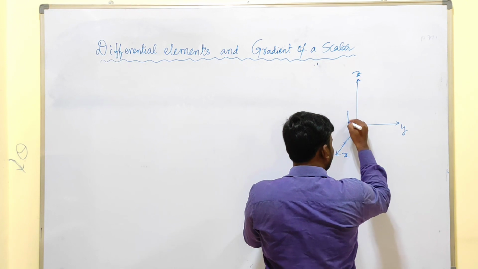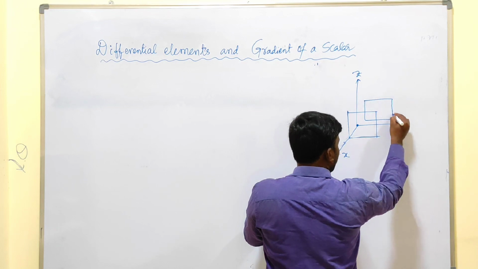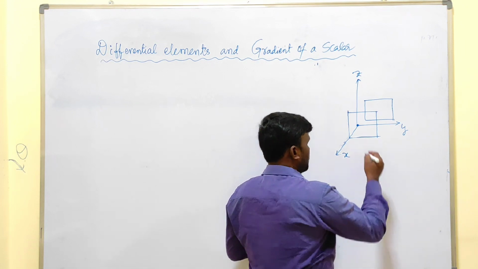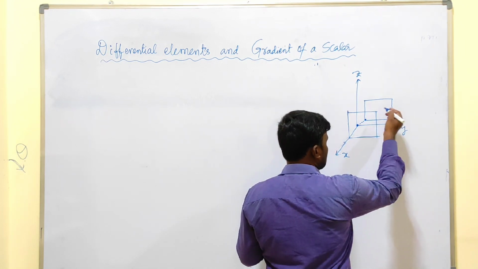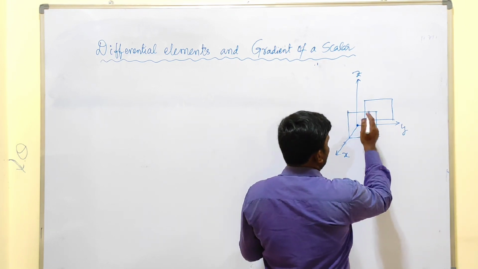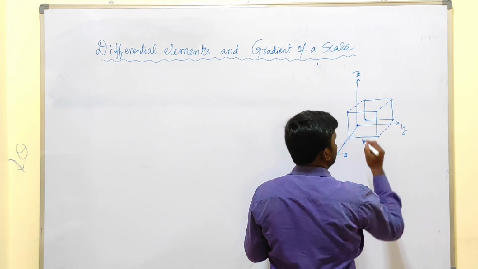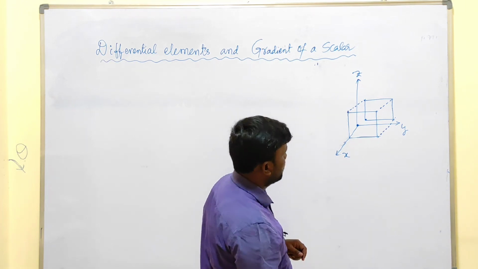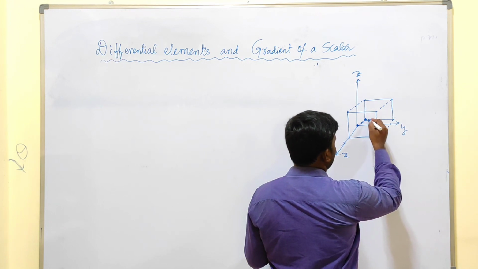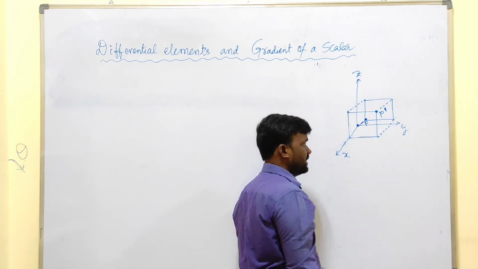Then we represent a point in space using this Cartesian coordinate system. Here we have a point, let us say this is point P, and take another point, P dash.